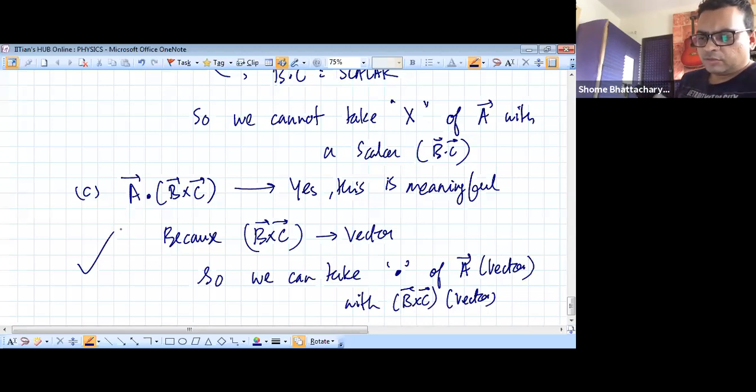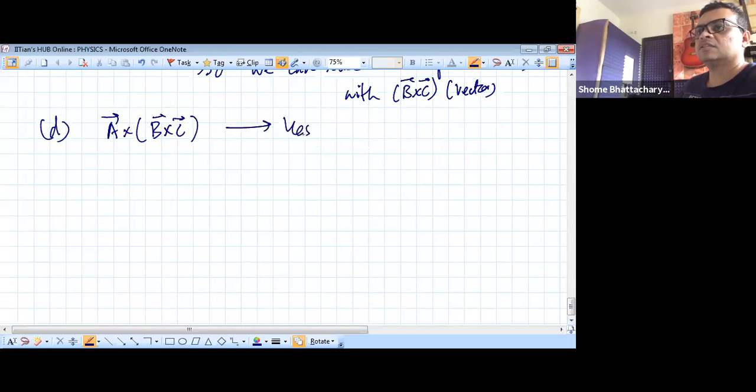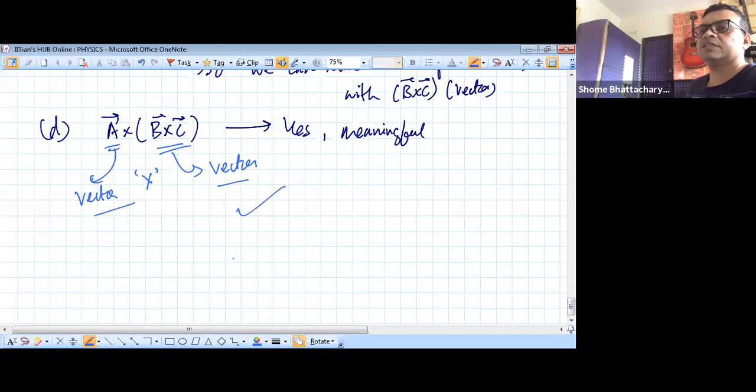So this is how you will deal with all the parts. I'm just going over all the parts now. Similarly, if you talk about this one, again yes, this is meaningful. Why? Because this is a vector and this is a vector, and in between we are taking a cross product. So a vector cross product with a vector makes sense.